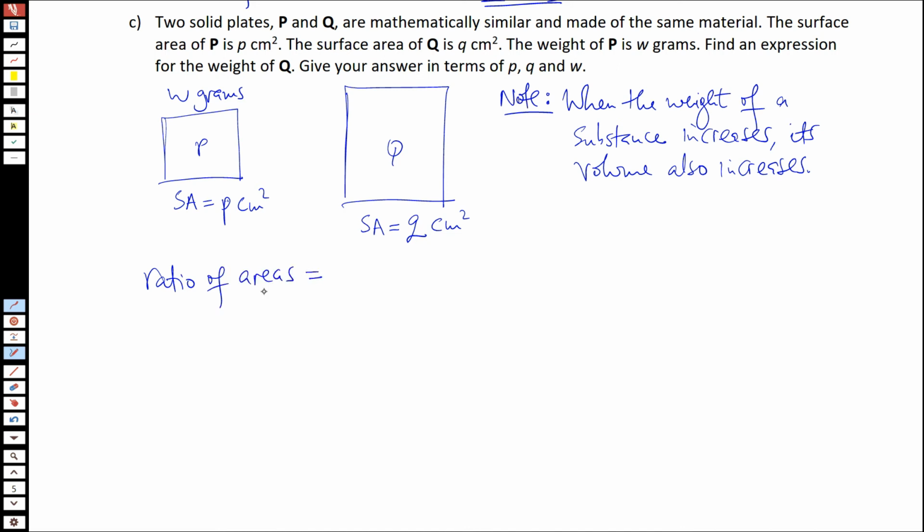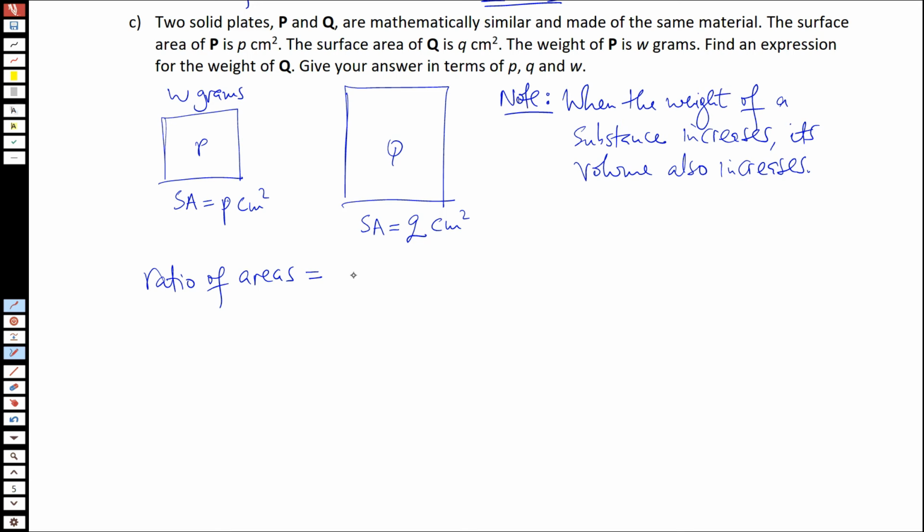All right, so the ratio of the areas will be equal to, because I'm trying to find the weight of Q, I'll write my ratio of areas so that I can know how many times Q is bigger than P, or how many times the volume of Q is bigger than P. That's the comparison I'm working with.